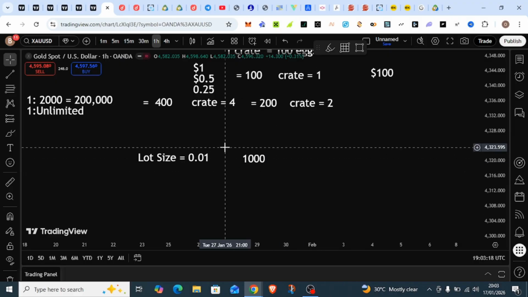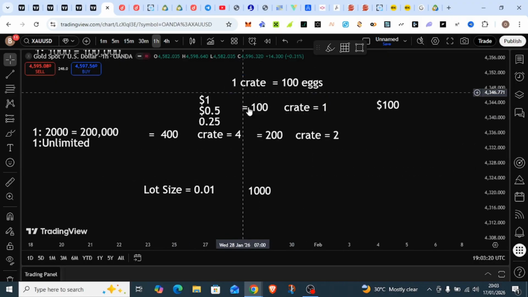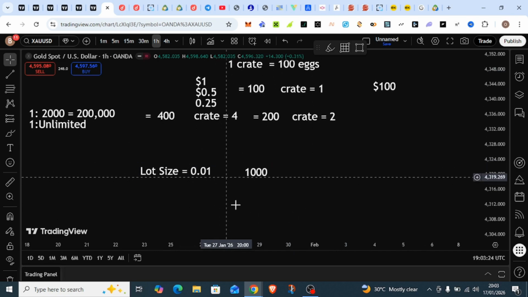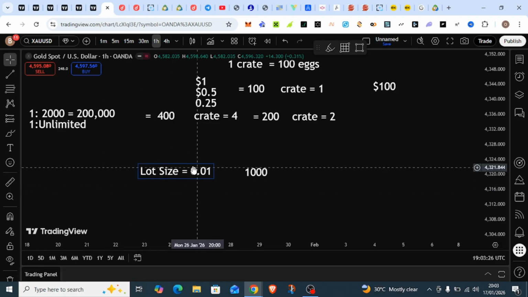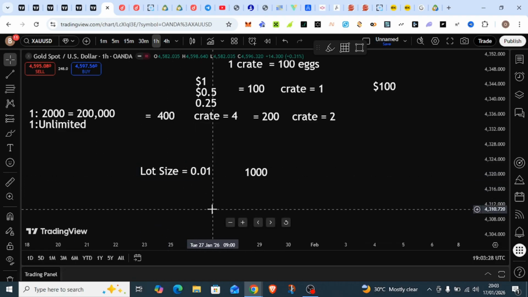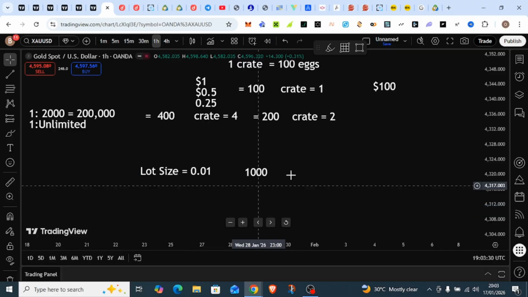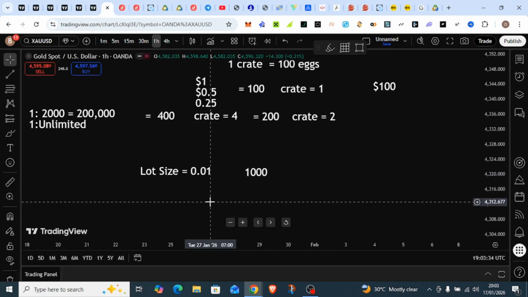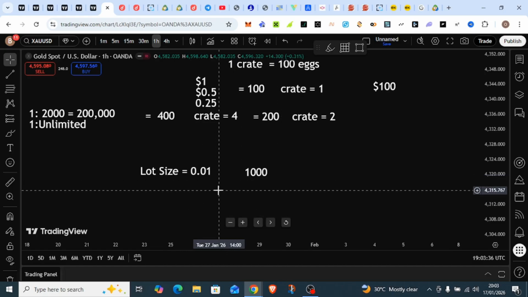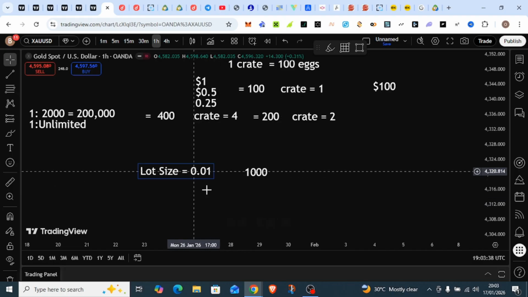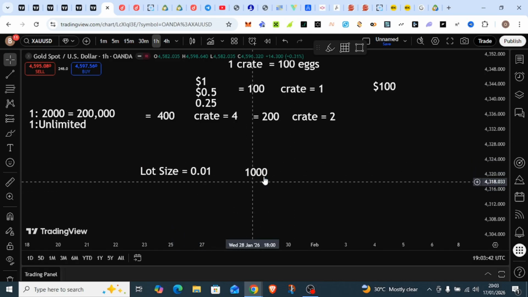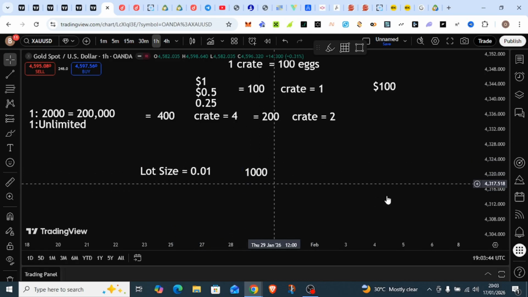So someone can buy at a cheaper price with a different lot size and still buy these 1000 units. Someone can also buy at a higher price with a higher or lower lot size and still get this same quantity. So it depends on the price the person is buying.